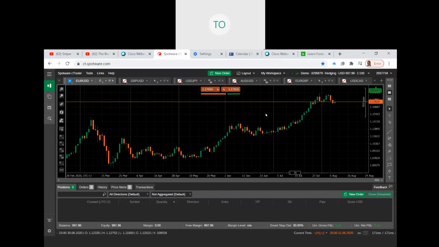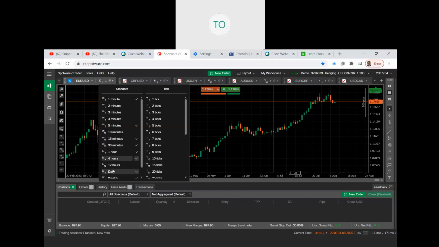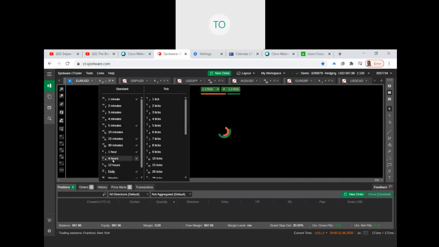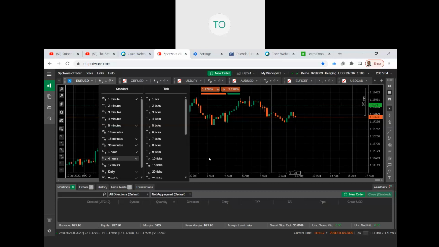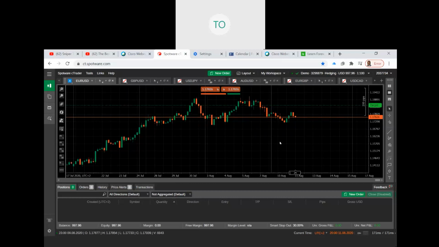So let's go to something a bit more realistic. The 4 hour for analysis, hence you're trading the 1 hour. Now, if you're trading the 1 hour, chances are your trades may end up closing by the end of the day and sometimes the following day, but not more than a day or two, usually.